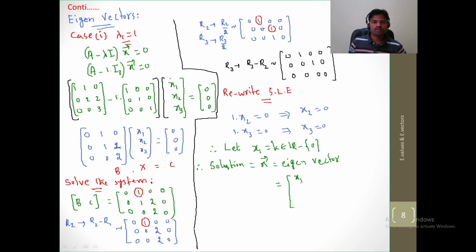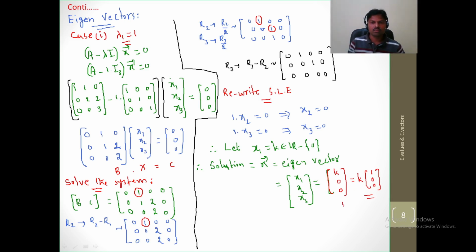First x1, next x2, x3. Here x1 is k, so let us write k, x2 is 0, x3 is 0. And this implies, taking k common, 1 0 0. That's it. So this is the eigenvector corresponding to the eigenvalue lambda 1 is equal to 1.